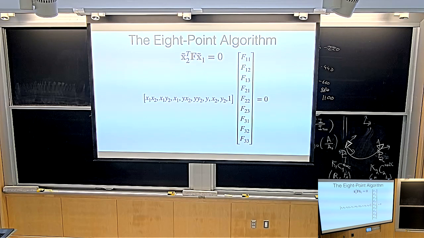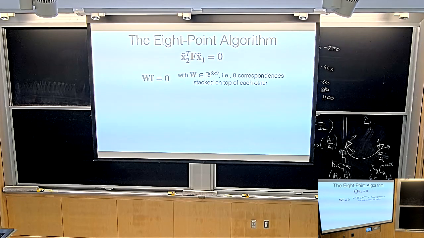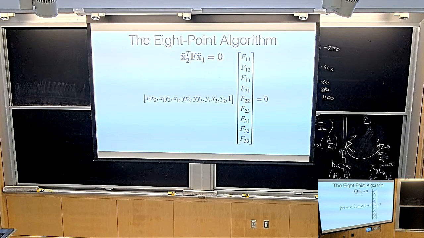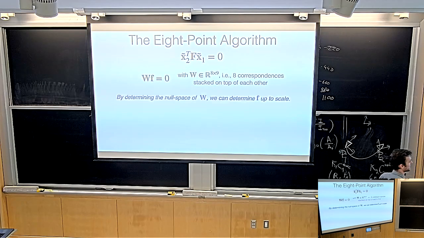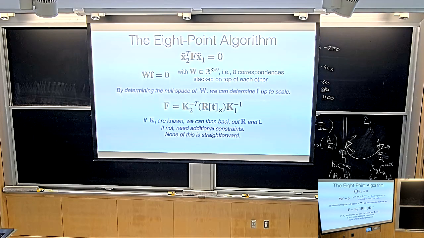Now W is you stack these 8, so it gives you an 8 by 9 matrix, since each has 9 elements. Now it's a linear system, and if you solve for the null space of W, then you can get the elements of this matrix F.